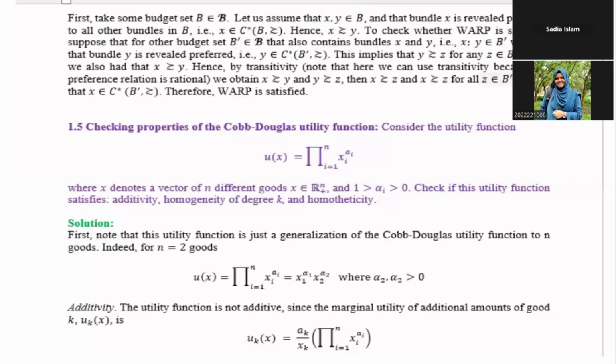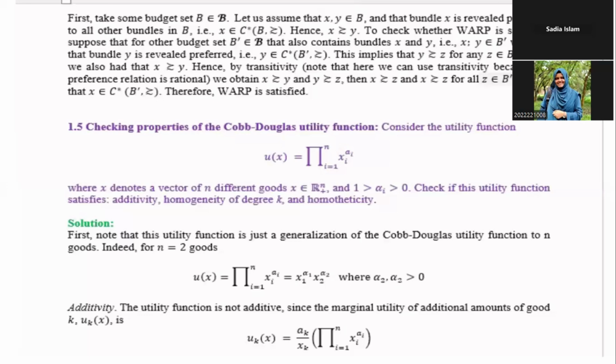We have that bundle Y is revealed preferred. For example, Y belongs to the optimal choice set C star. Now, in our second case, we choose Y over X. This implies that Y is weakly preferred to Z for any Z belonging to B prime.